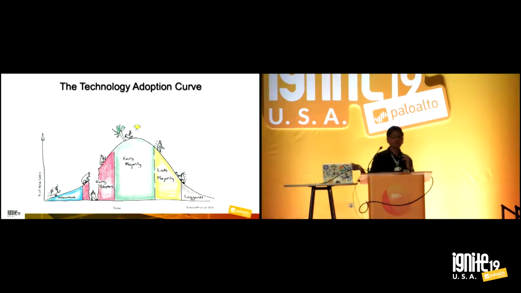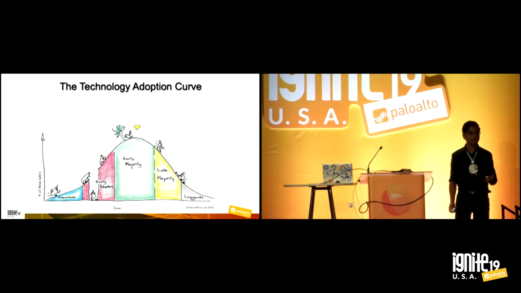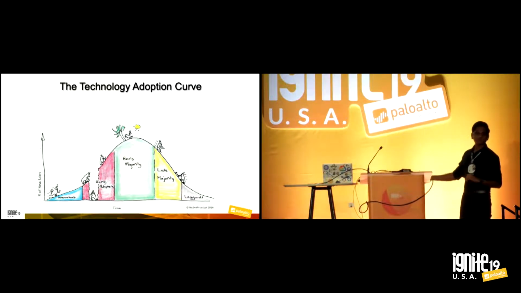If you have heard of this thing, it is called the technology adoption curve. This shows all the technologies that start here. There is a chasm, and a lot of technologies don't make it through the chasm. After a technology crosses the chasm, it enjoys early majority, and then eventually it dies down, right?